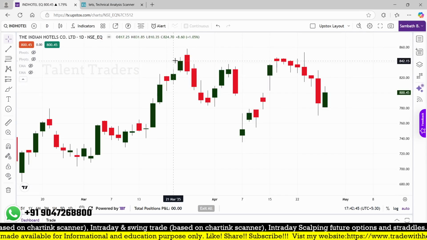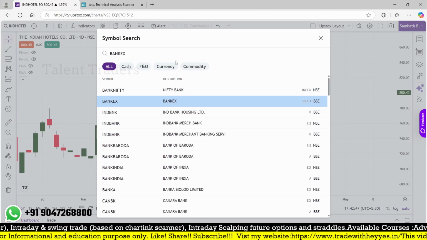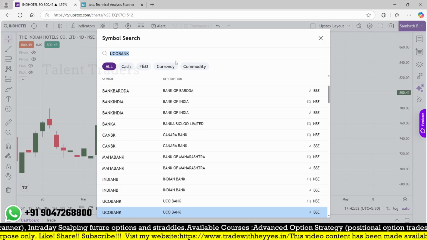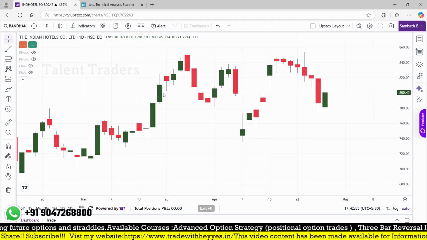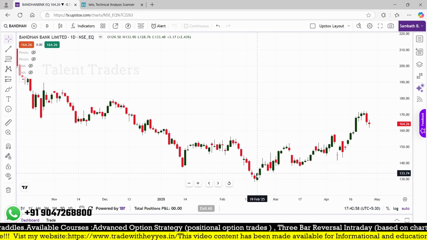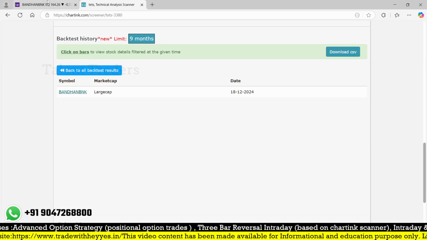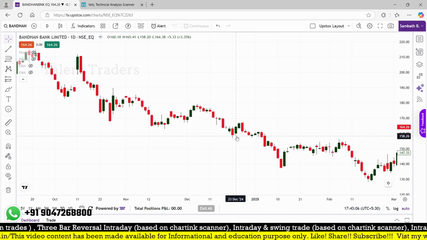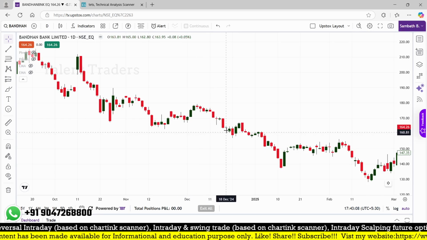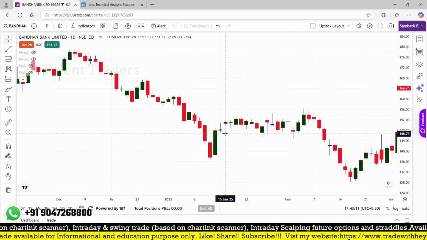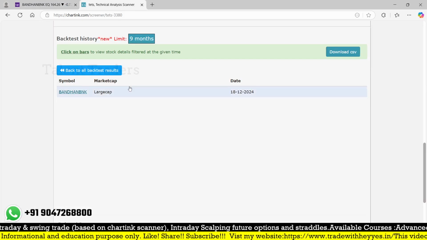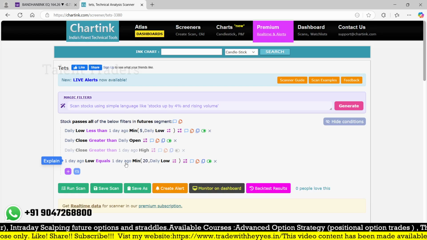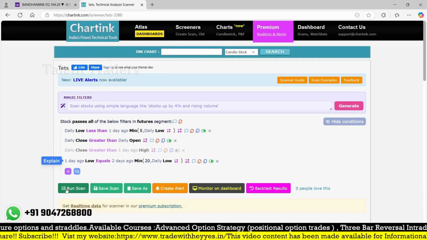Bandhan Bank 1812. Maybe we can try. So here the 1 day ago low must be equal to the 2 days ago minimum 20 days low.